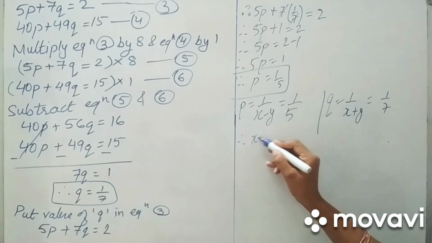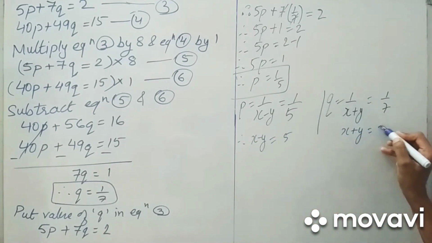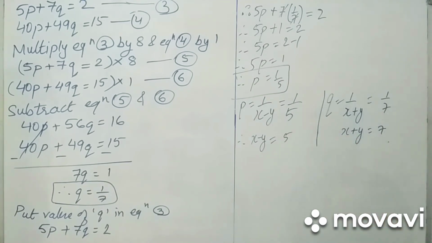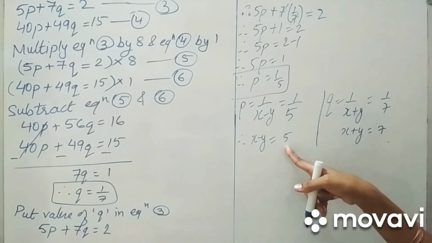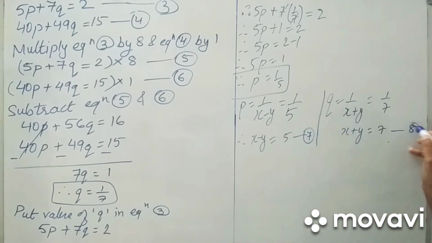Take the reciprocal. x minus y is equal to 5 and x plus y is equal to 7. Still we didn't get the value of x and y. What we supposed as the speed of a boat and stream. So equation number 7 and equation number 8 are to be simplified again by the method of elimination.